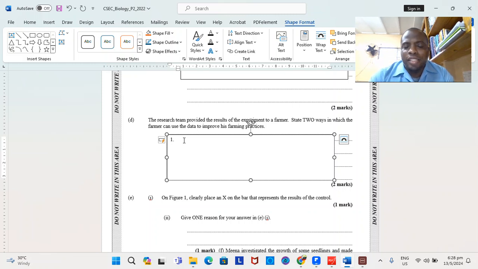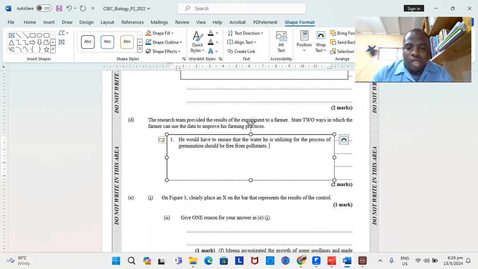So now he sees this information, he would have to ensure that the water he is utilizing for the process of germination should be free from pollutants.